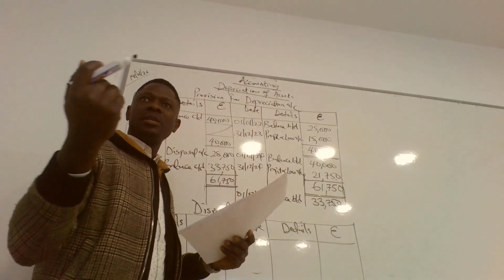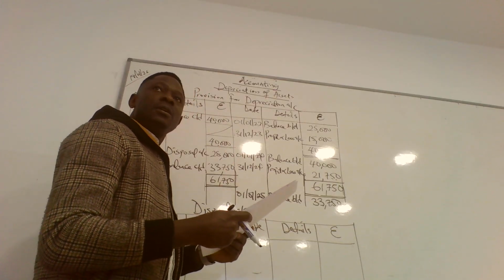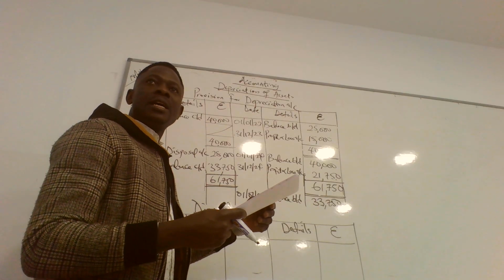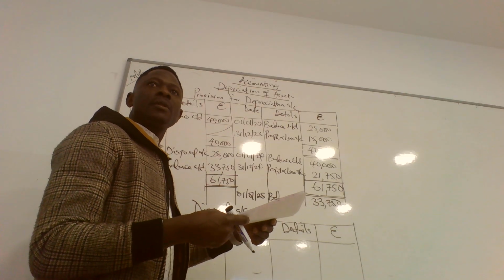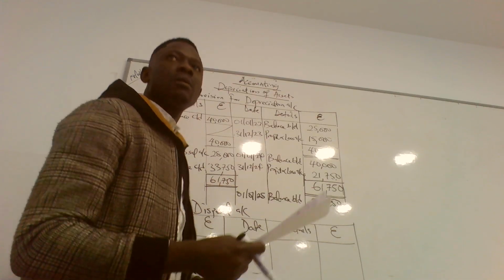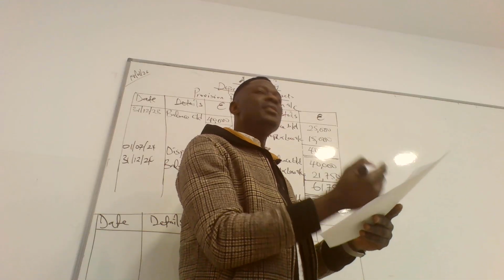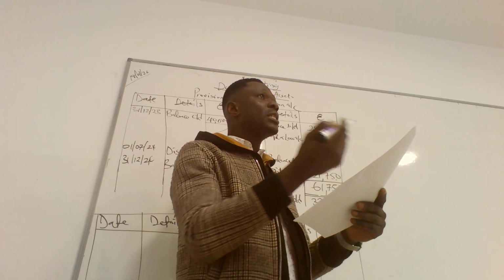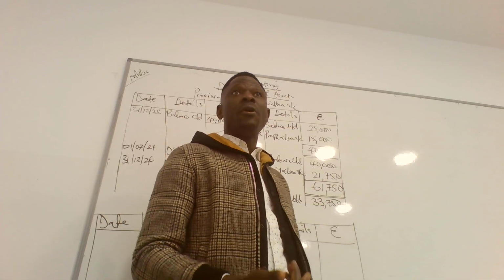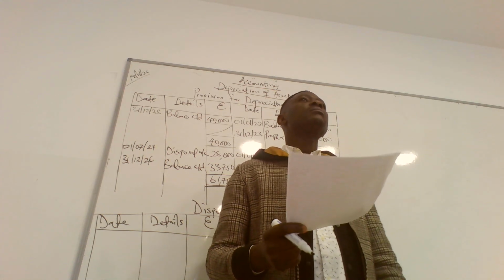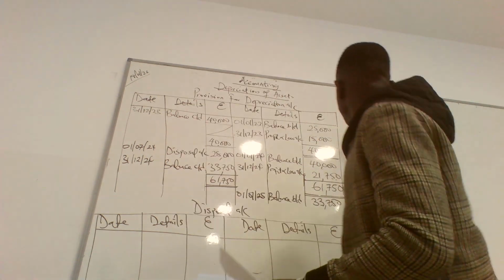Please read the last one for me. The value of the van for 17/2/24, read it. The last question, the van disposal account for the year ended 31st of December. I said, read the question on the van. 17/2/24, can somebody read it for me? Sold for 15,000.